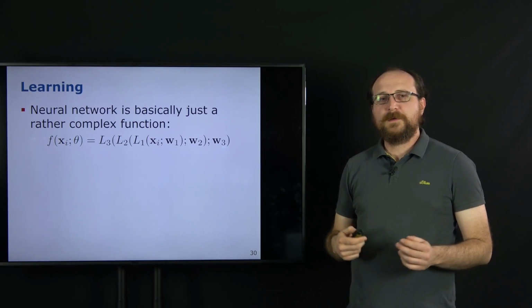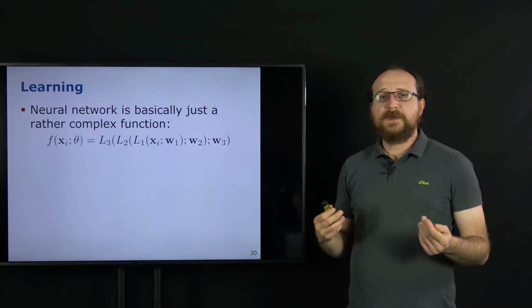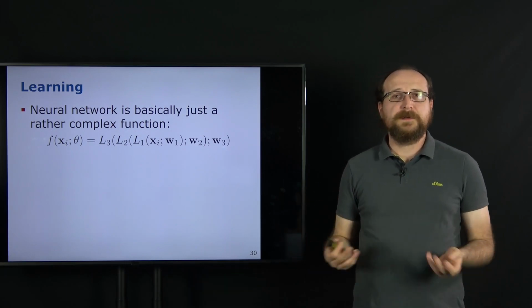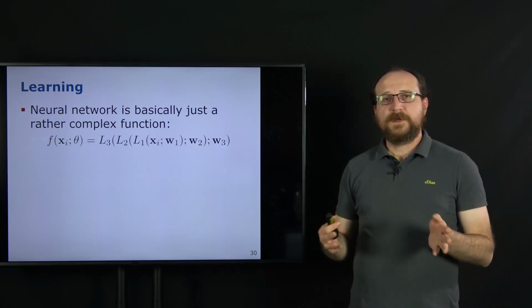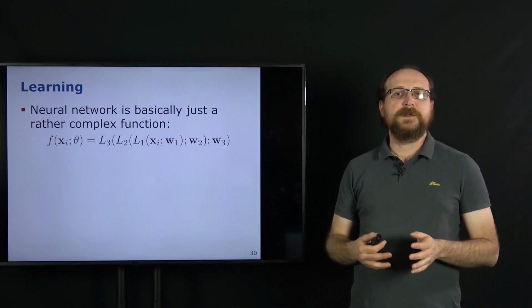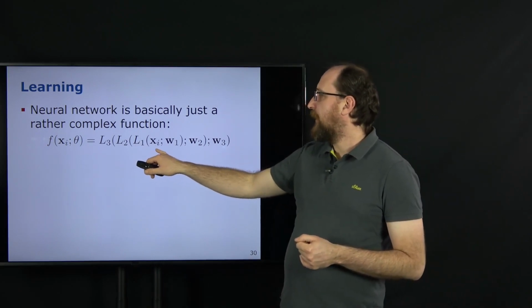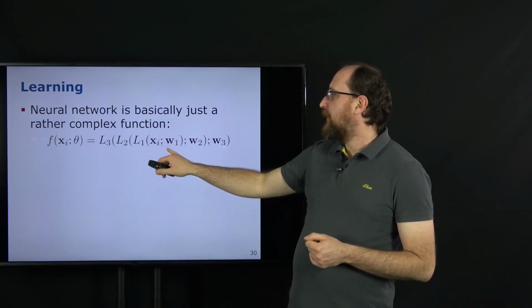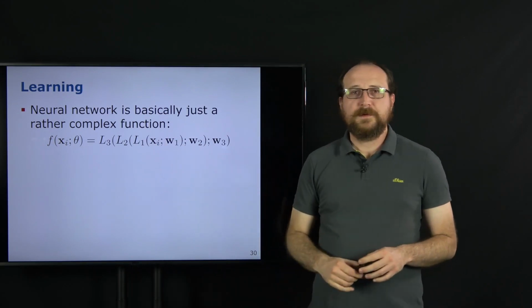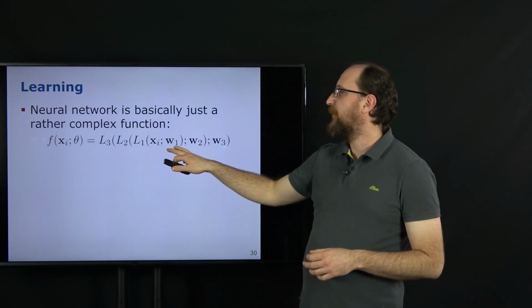For learning this neural network, we just have to optimize basically this very complex function. So you can now think of the stack of functions. We had in each convolutional layer weights that we are interested to learn. In the first layer, we have the input xi, and then some learnable weights, w1. This will give us feature maps.